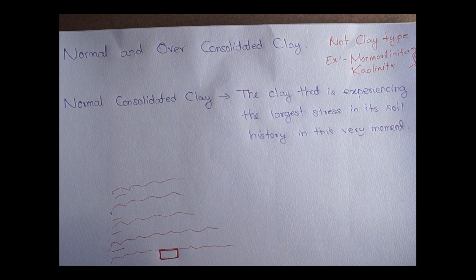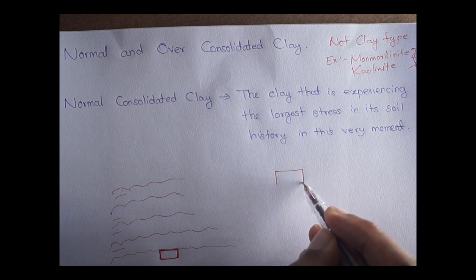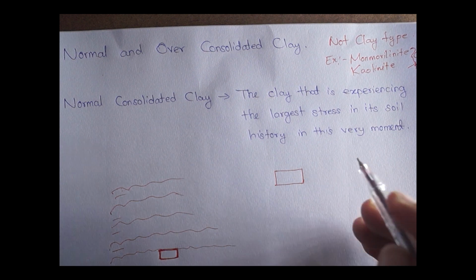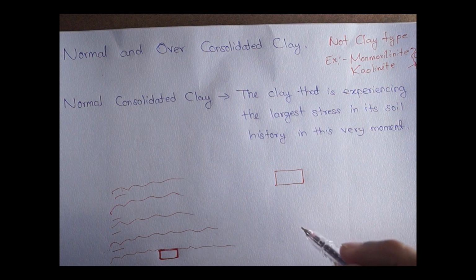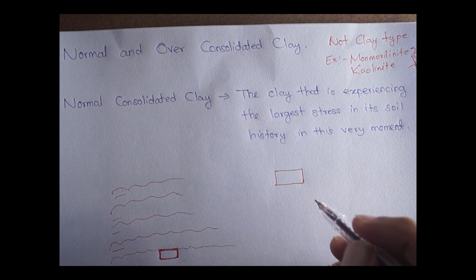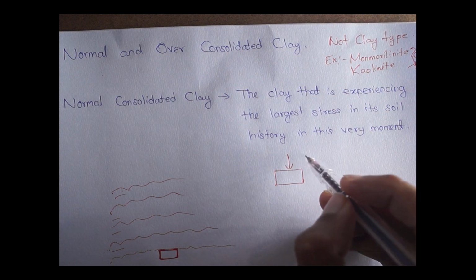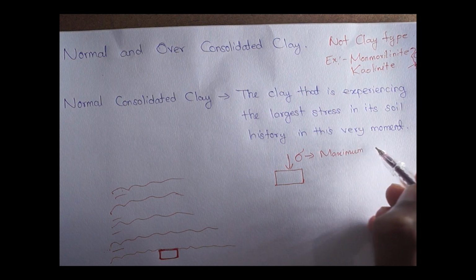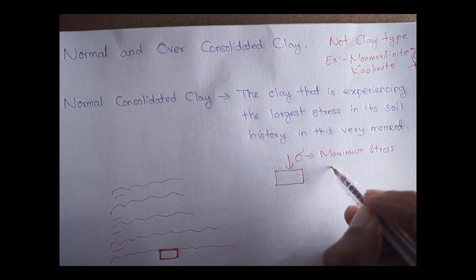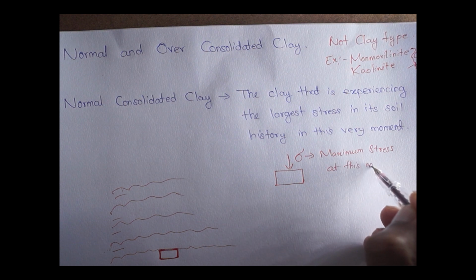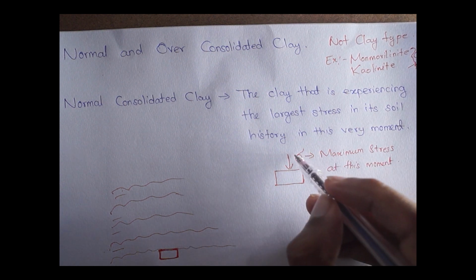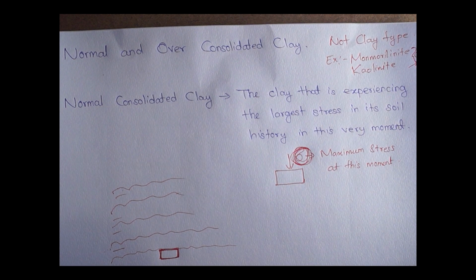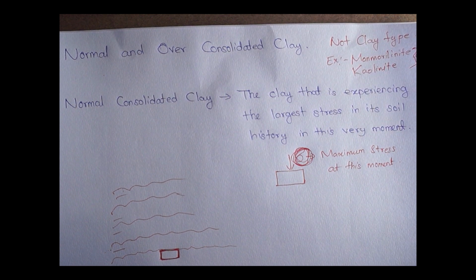So any soil which is experiencing the maximum stress at this very moment while we are recording this is known to be the normally consolidated clay. Maximum stress at this moment. So when you consider its soil history, this sigma value would be the maximum stress it would have been experiencing.